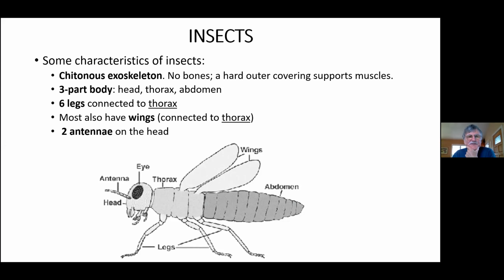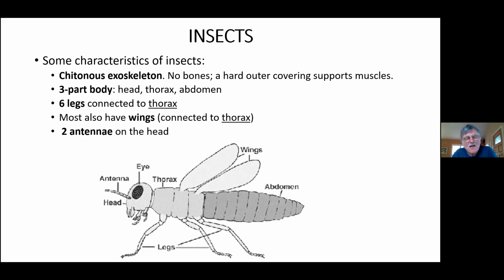First of all, like insects, butterflies have a chitinous exoskeleton, which means they're just gooey on the inside. They don't have bones, and the muscles are not attached to bones. They're attached to that chitinous exoskeleton. The body is divided into head, thorax, and abdomen.